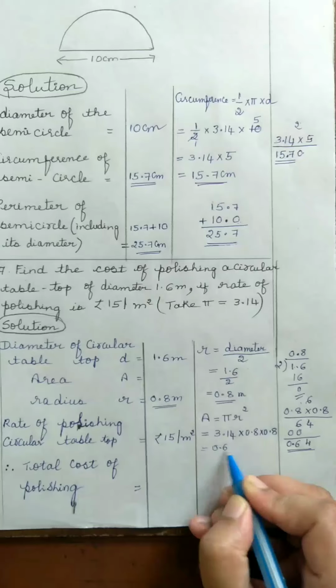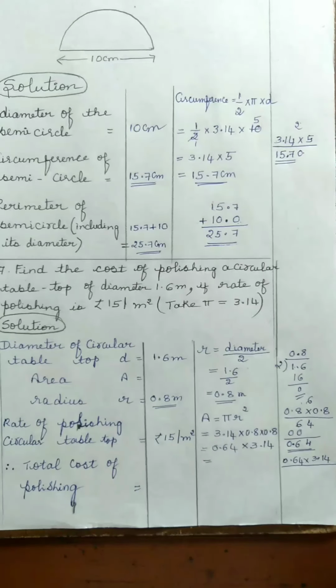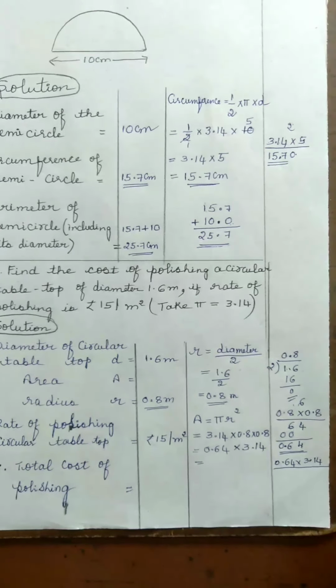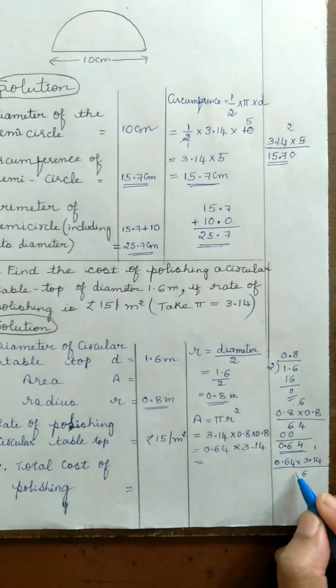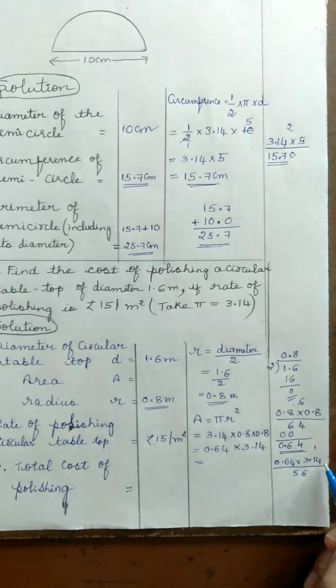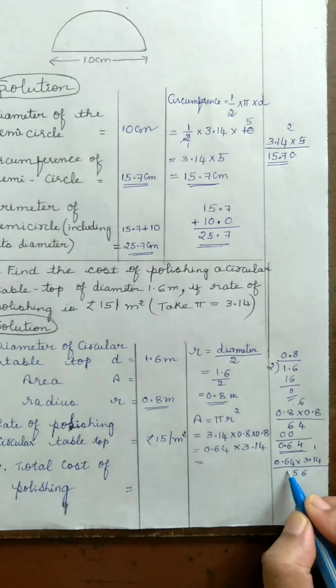Now 0.64. So children, it is 0.64 into 3.14. So now let us multiply 0.64 into 3.14. Therefore 4 4s are 16, 1 is remaining, 6 4s are 24 plus 1, it is 25, 2 is remaining, 4 zeros are 0, 0 plus 2, it is 2.